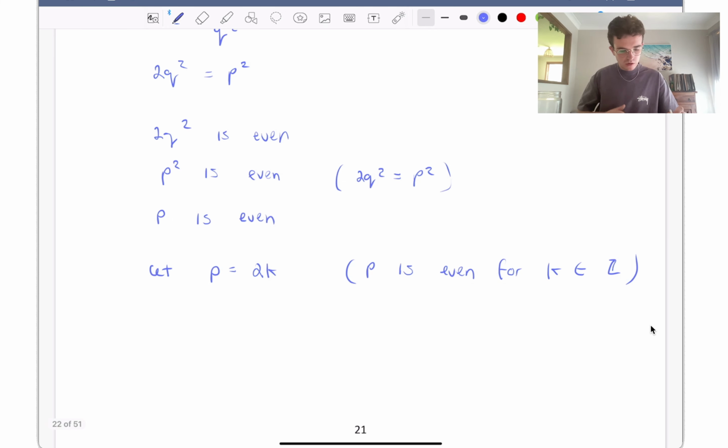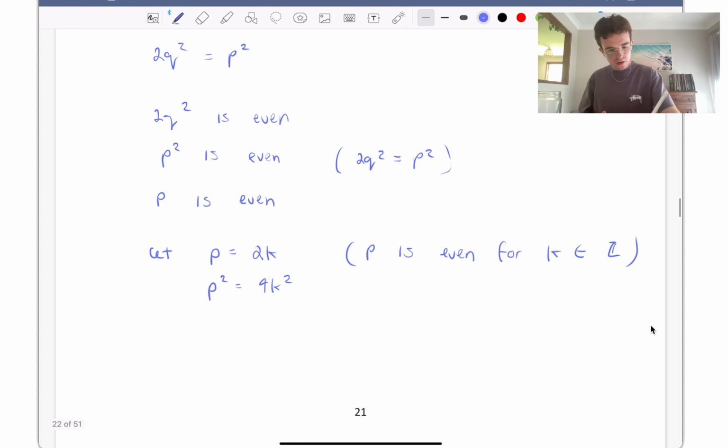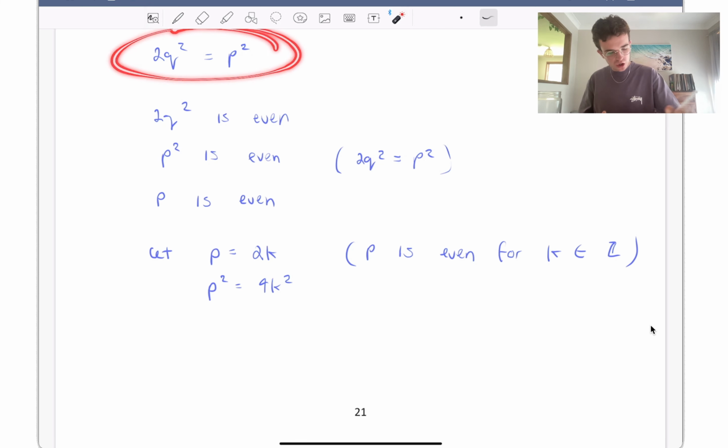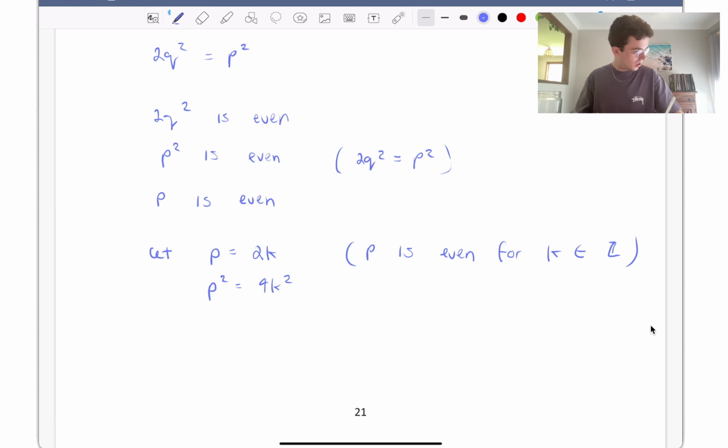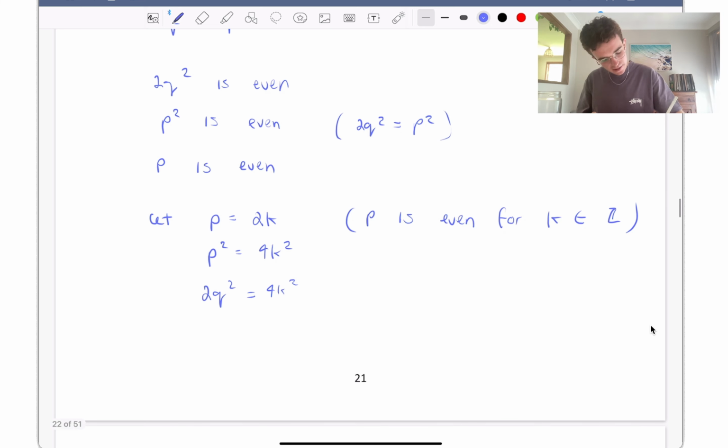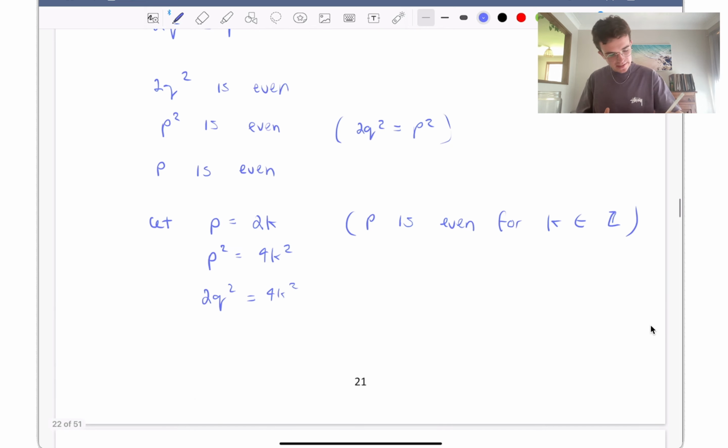However, we know that p squared is equal to 2q squared, so p squared would be 4k squared. So 2q squared is equal to 4k squared, and that would tell us that q squared is equal to 2k squared.